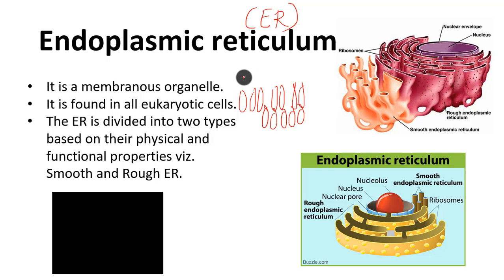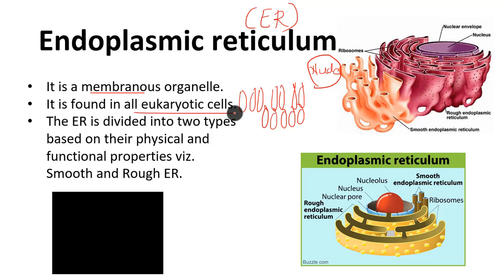If you are given a question where you have to identify the endoplasmic reticulum, you will always see a nucleus in the center, and attached to it you will see this membranous cylindrical structure. If you see this, then it is the endoplasmic reticulum. Membranous means it has membranes, a tube-like structure.